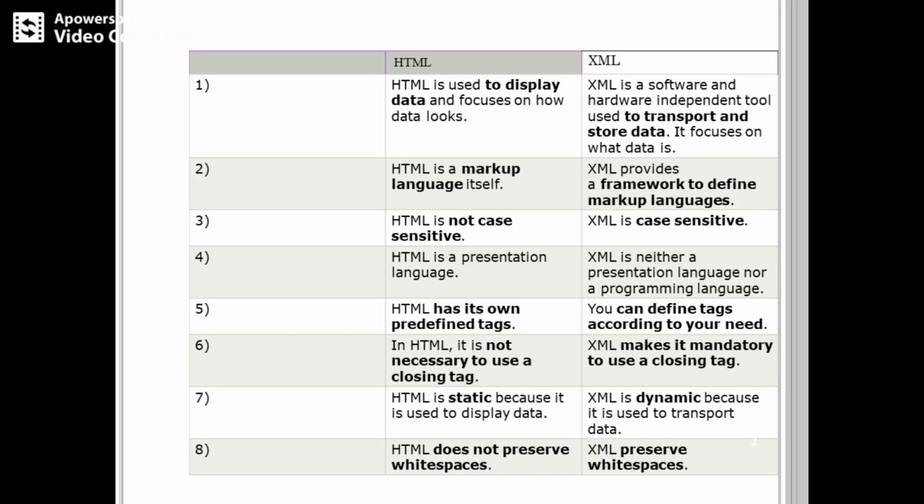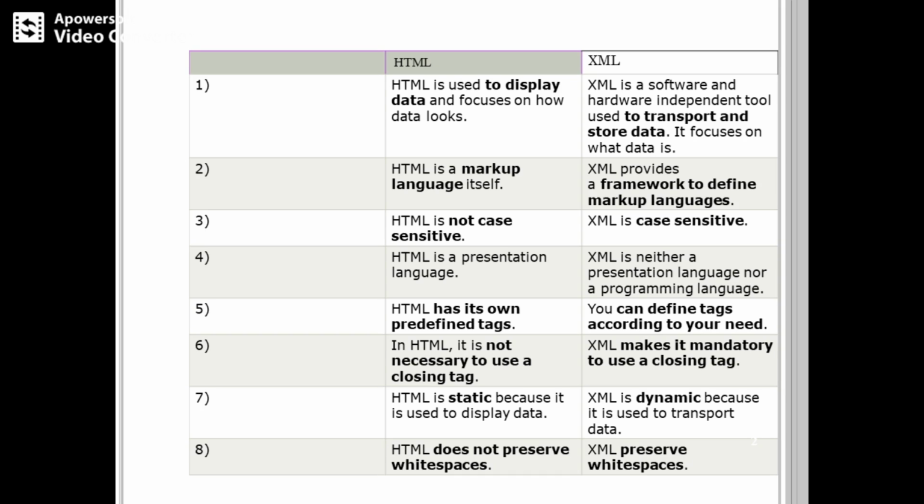In XML, we usually write with a simple text editor. The same is followed in HTML also; while designing any HTML code, we write it in a simple text editor. HTML is basically a presentation language, whereas XML is not a presentation language at all.